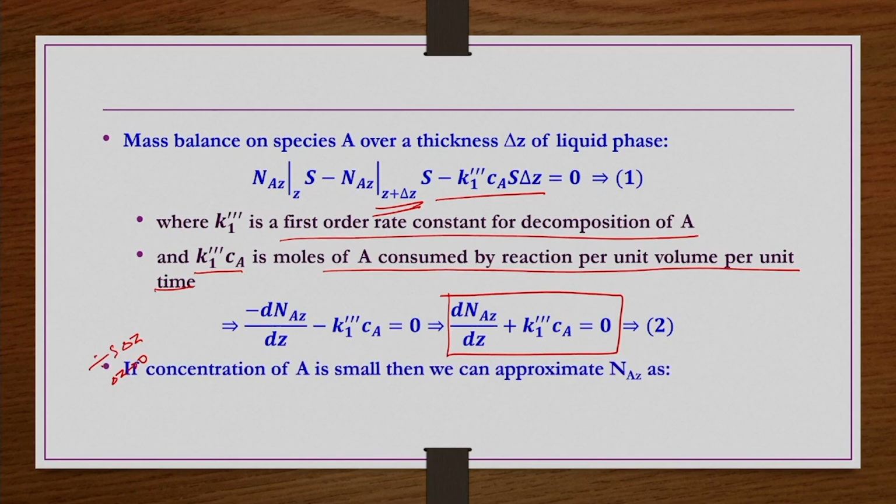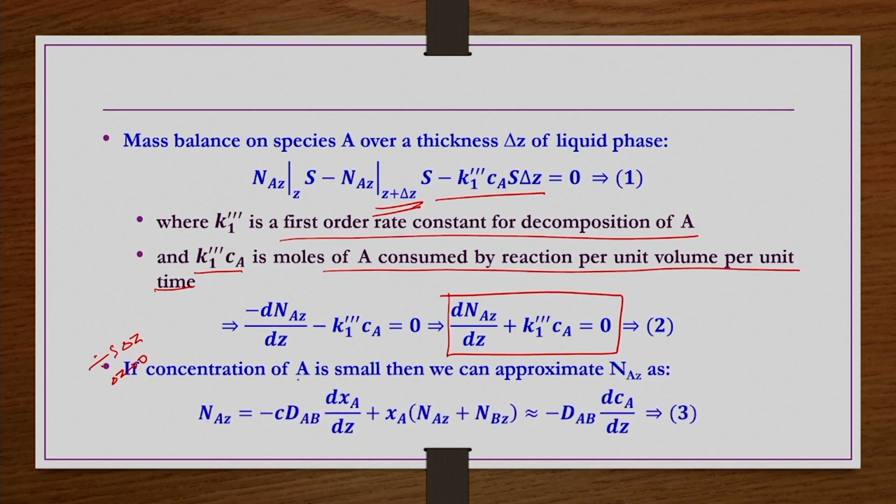but that you can do only when you know the NaZ expression. If the concentration of A is small, then we can approximate the combined flux NaZ as simply minus DAB dCA by dZ, since Xa is very small. We are assuming the concentration of A within the liquid system is very small, because only a small amount is diffusing.